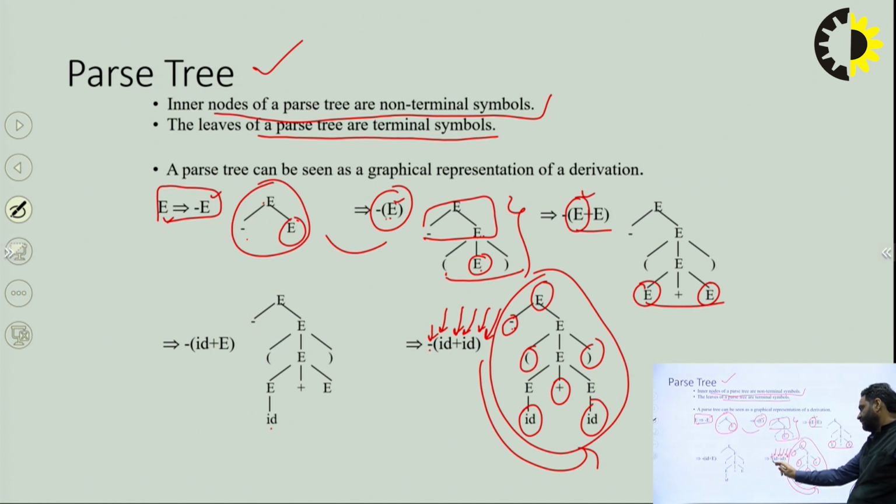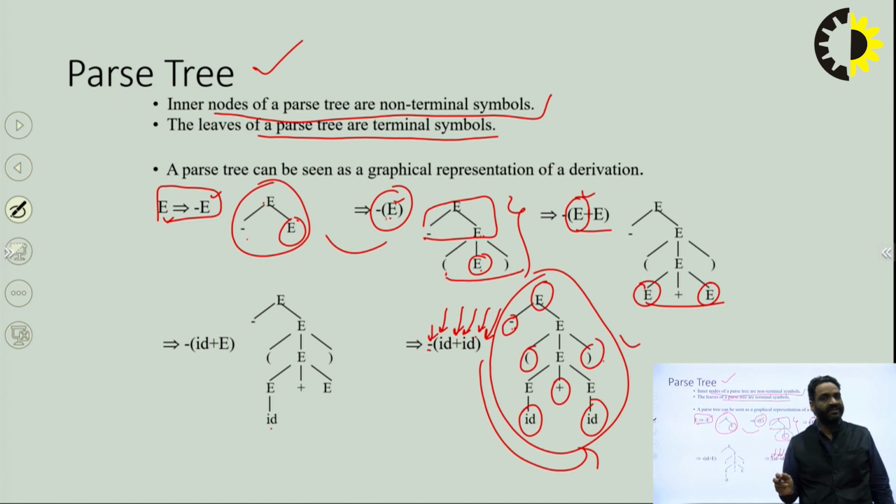First symbol matches, second symbol matches, third symbol matches, fourth matches, fifth matches, and sixth symbol matches. This is our required parse tree. So this is derivation, or we can say leftmost derivation. It is generally used in top-down parser.